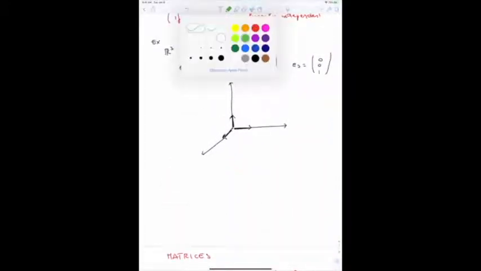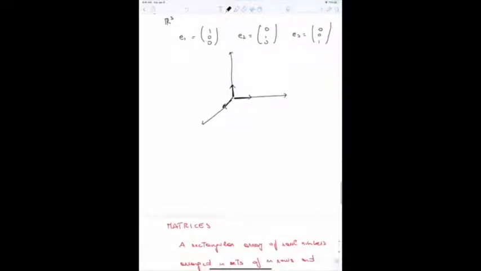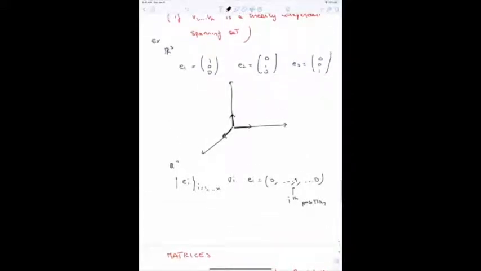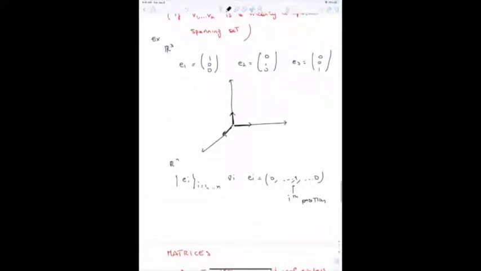If you had a space with a higher dimension, this would look simply like a bunch of vectors ei for i that goes from 1 to n, and then for every i, ei is equal to a vector which has a 1 in the i position. So this is the specific example for n equal 3.